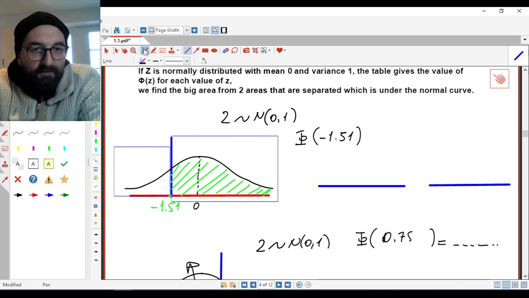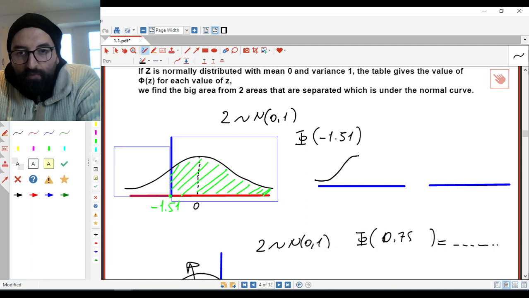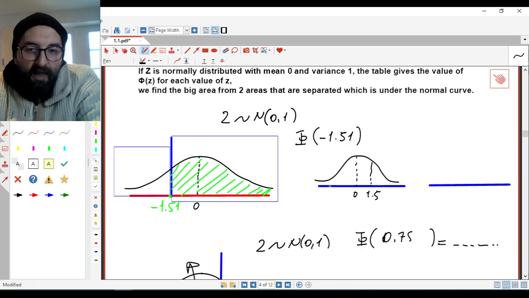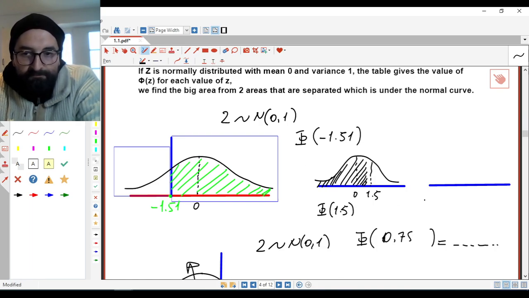For example, this is 0, this is 1.5, and if you want to find the probability of less than 1.5, you have to find 1.5 in the Z table.